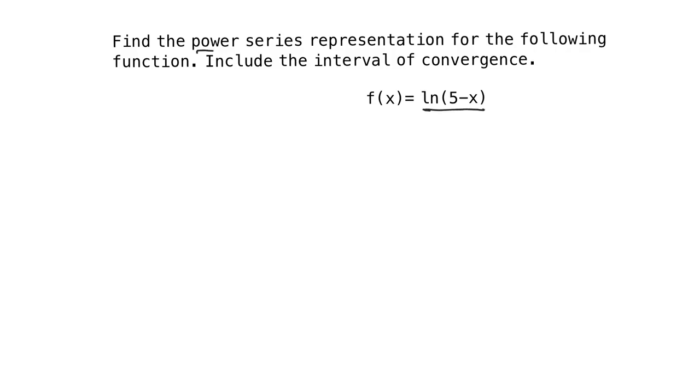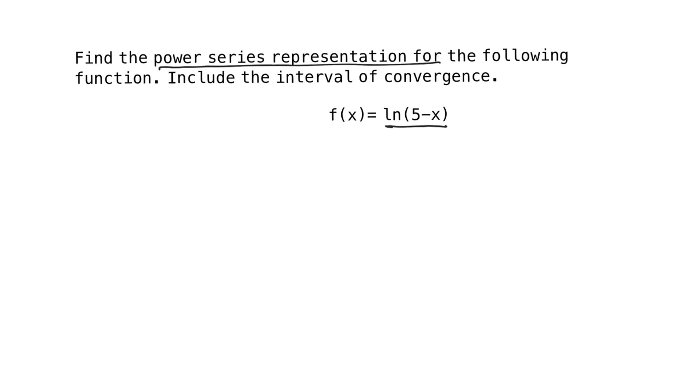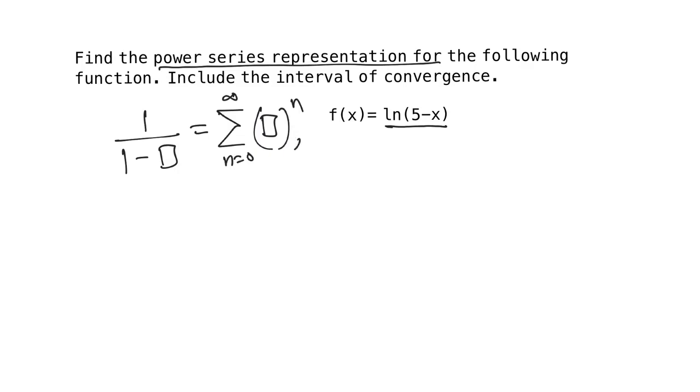To find a power series representation, we try to write a given function in the form of 1 over (1 minus something), and that produces the sum of (something) raised to n, n from 0 through infinity, where the absolute value of that something should be less than 1.